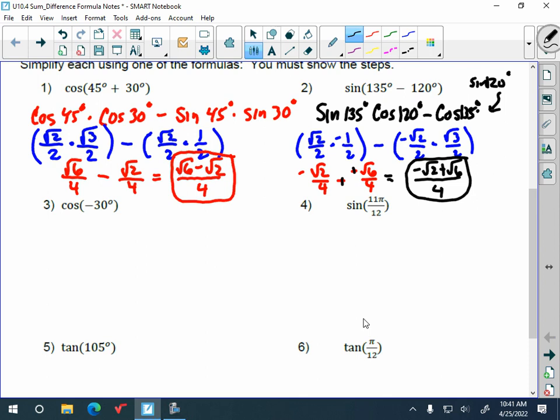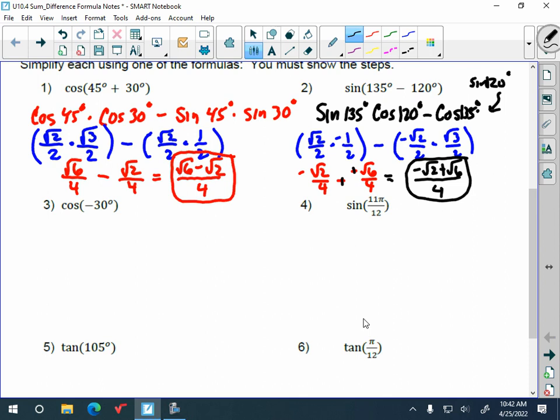All right, so what 2 angles could we use? If you keep the number smaller, it's a little easier. 2 angles that add or subtract to negative 30 degrees.